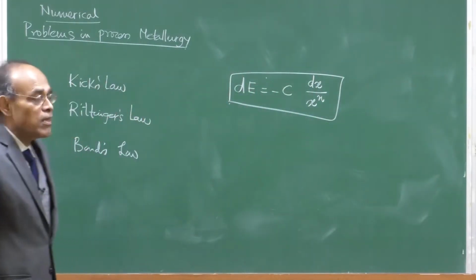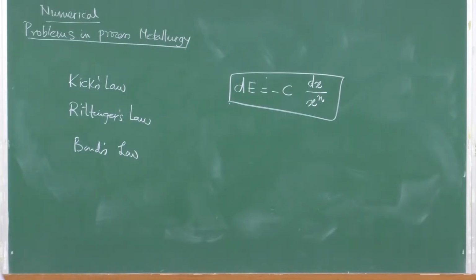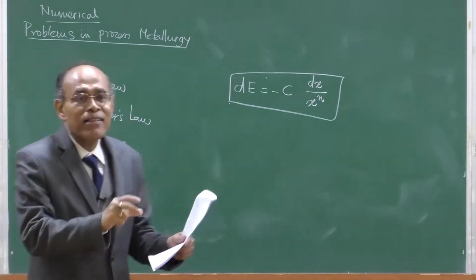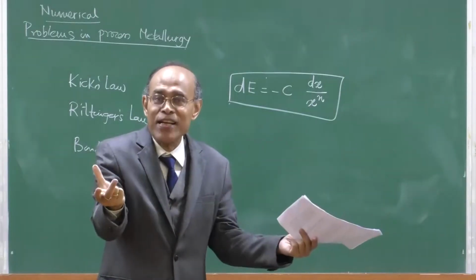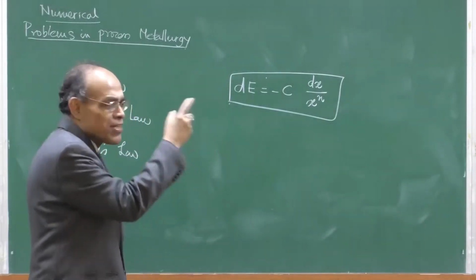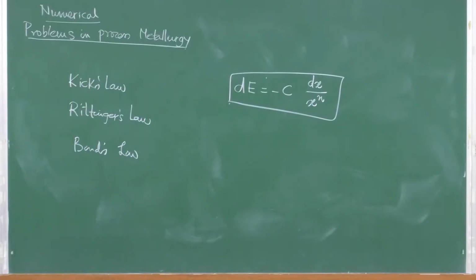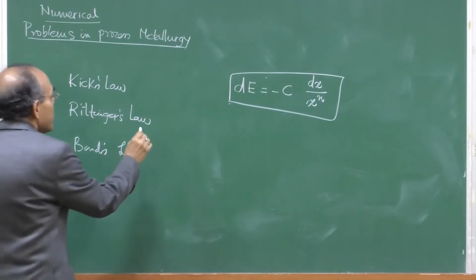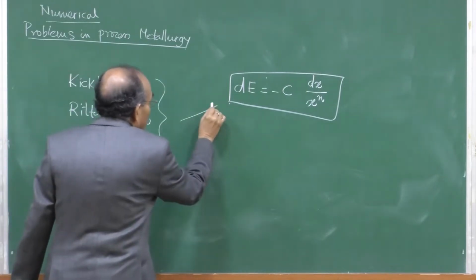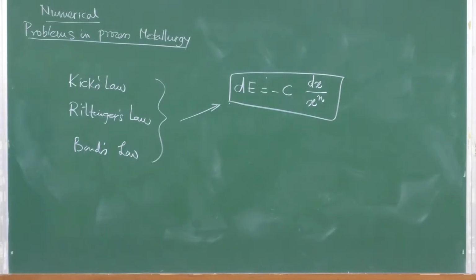When you crush material, additional surfaces are created, and based on surface energy considerations people have worked out this kind of formulation. We are not going into the details of it, but this can be considered a general expression for all these three laws.